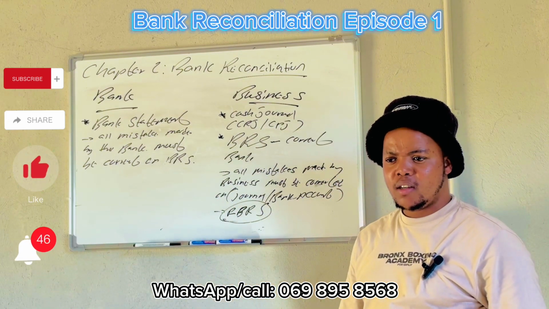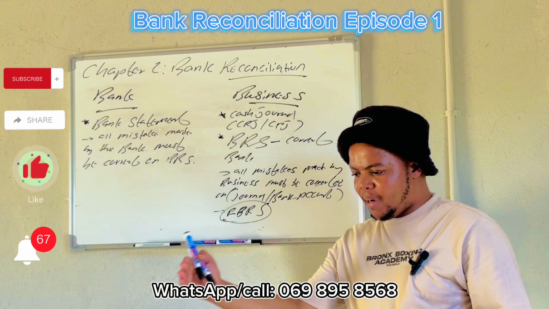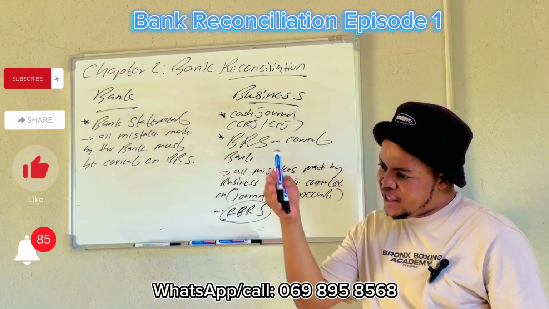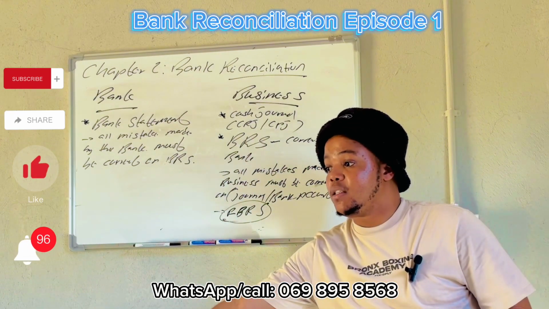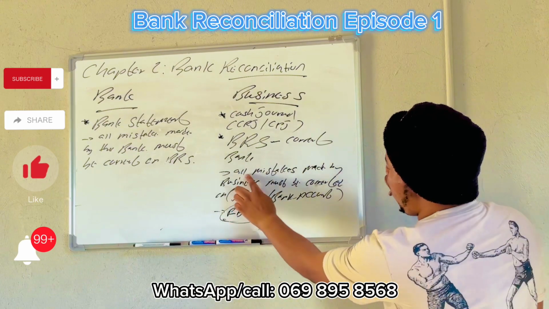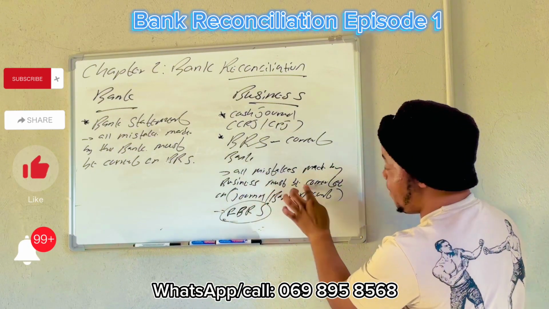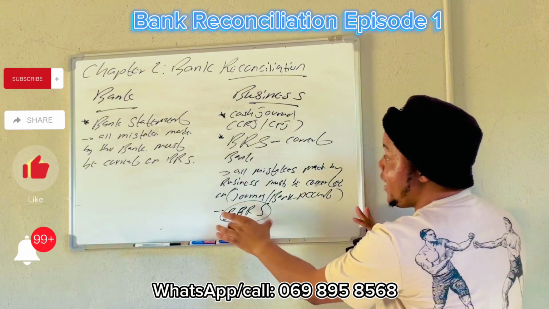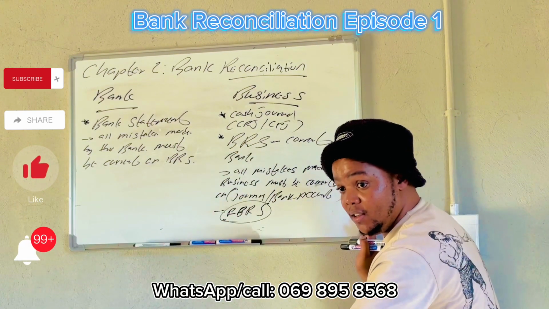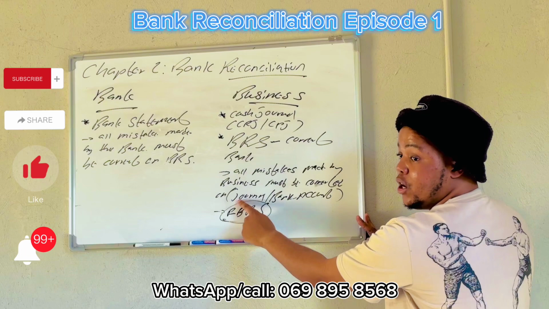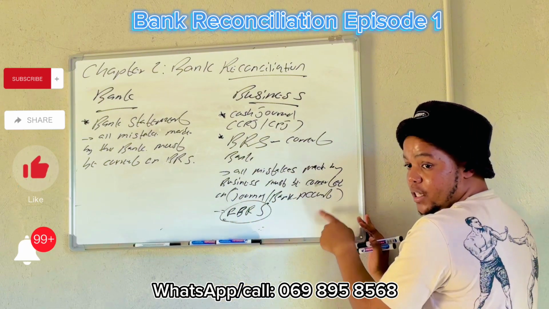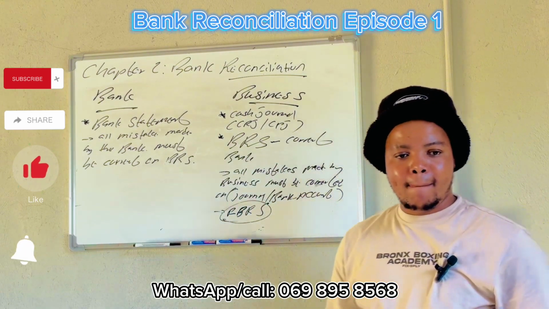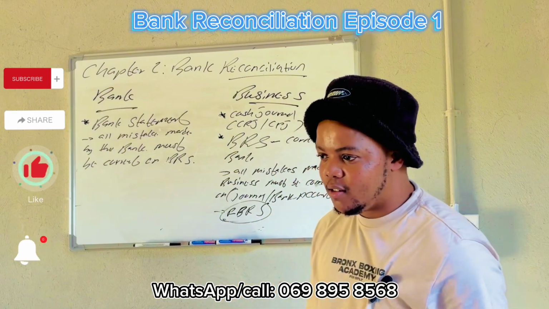Are you all following? So the BRS is prepared by the business. If there's a mistake on the BRS, it's the business. And all mistakes made by the business must be corrected where? On the journals. Meaning that if we made a mistake when preparing the BRS, we need to come back and rectify where? On the journals or on the bank account. Are you following on that?